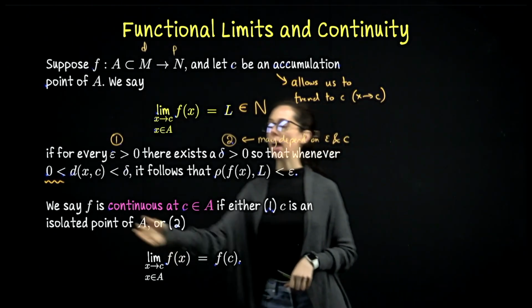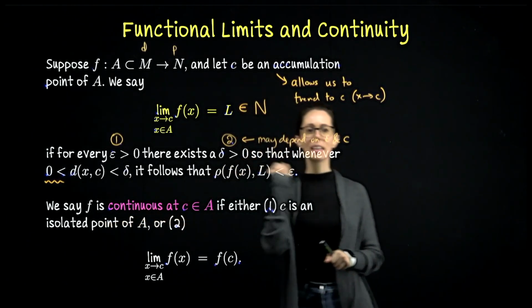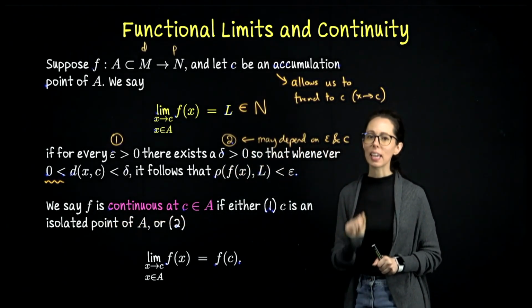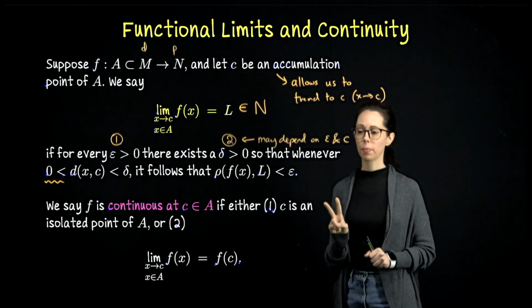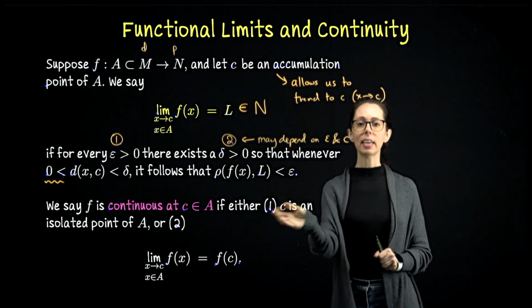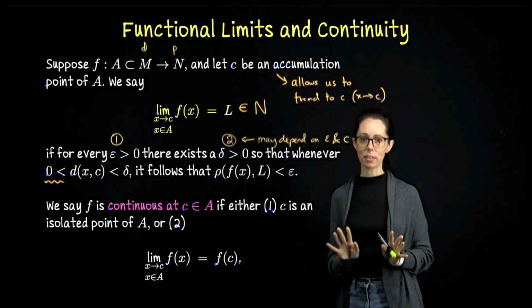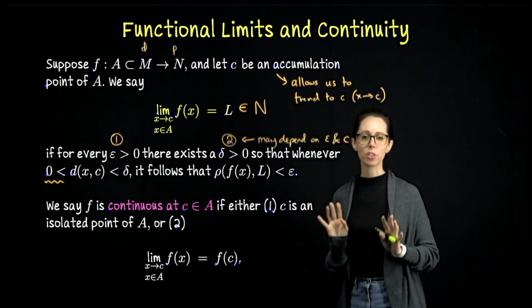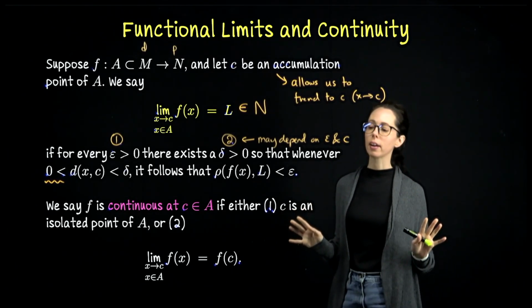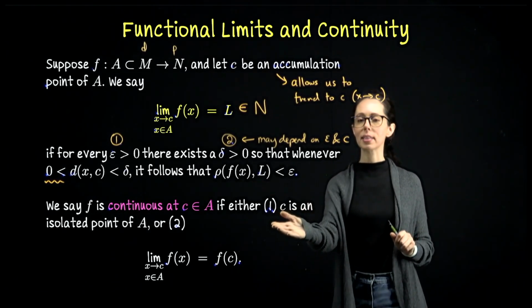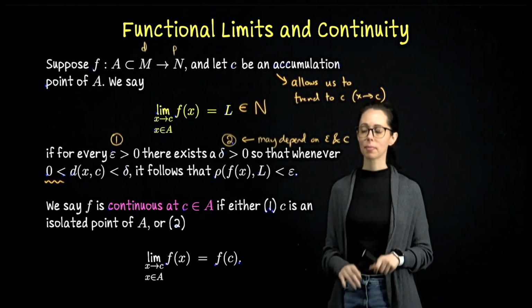So we say that f is continuous at a point C in its domain A if one of two things is true. First, either C is not an accumulation point, so it's an isolated point in the domain all by itself. Then you're done. You just stop your assessment right there. Functions are always continuous at their isolated points.